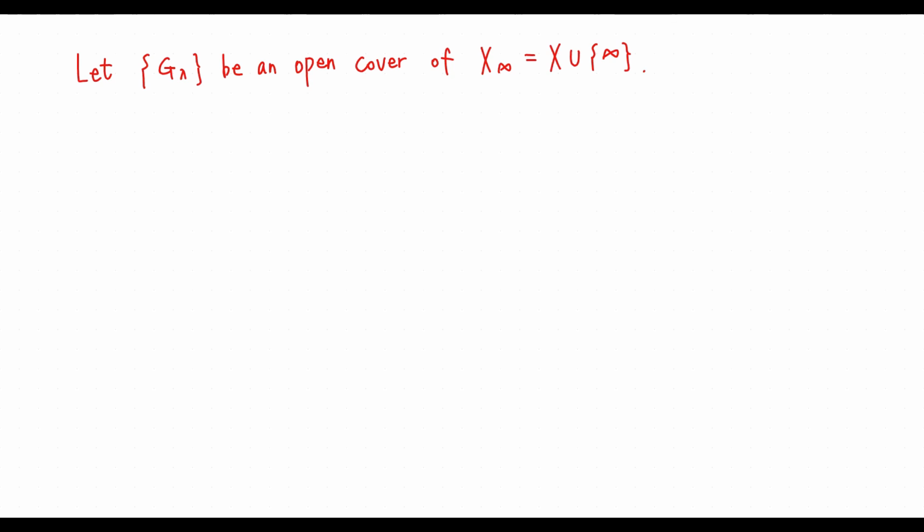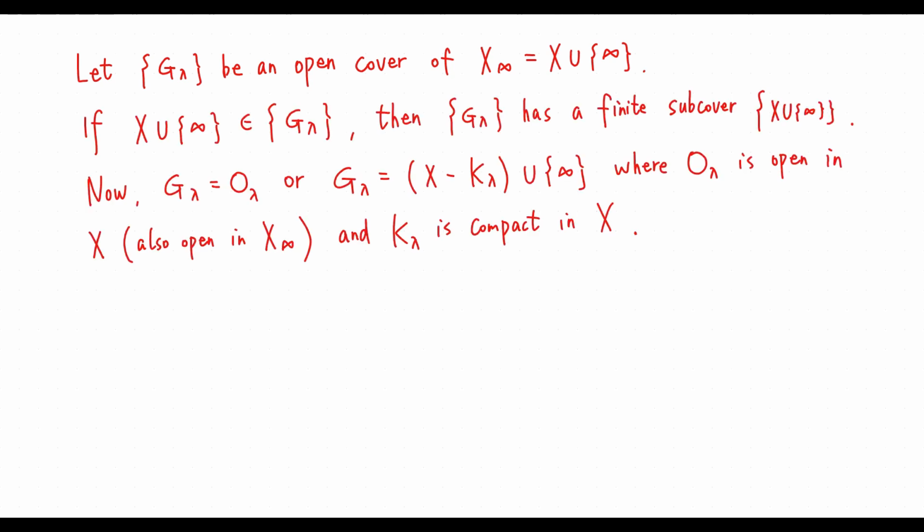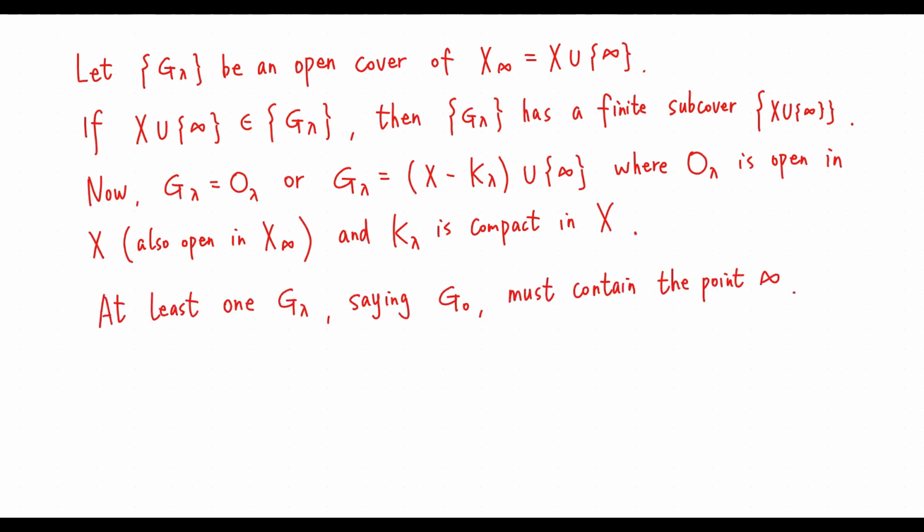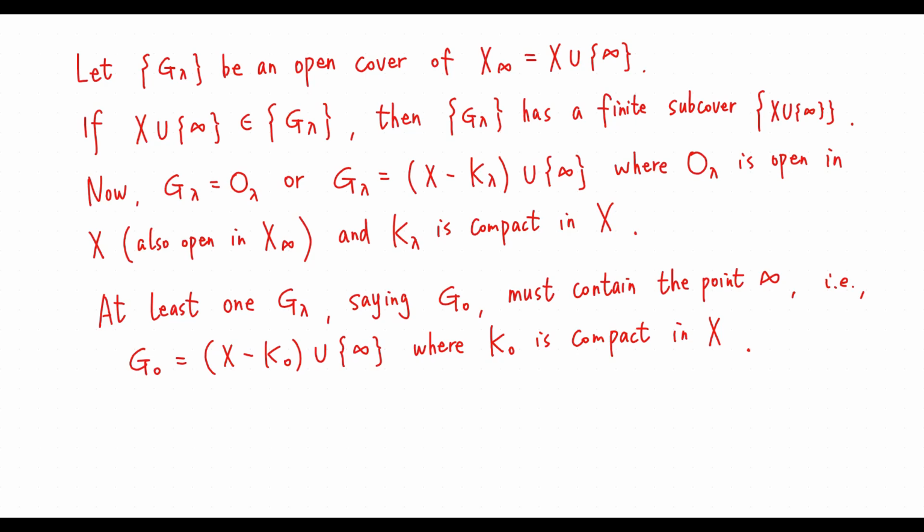Let G lambda be an open cover of X infinity. Then G lambda can be expressed by those two forms. At least one member of this open cover contains the point infinity. Write this member G0 given by this form.